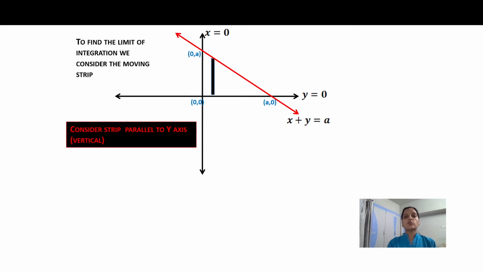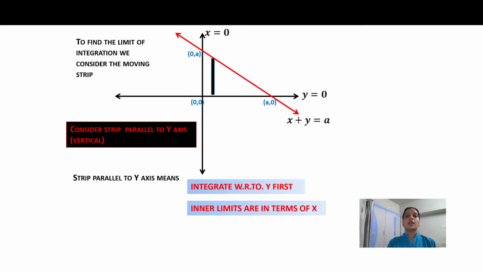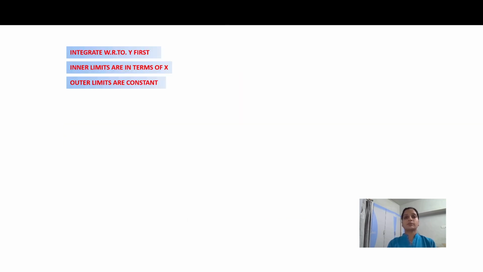Now vertical strip usually means that you have to integrate with respect to y first. Inner limit should be in terms of x, obviously, because that will be some y is equal to some function of x you will get. And the outer limits are the constant. We have seen this earlier.